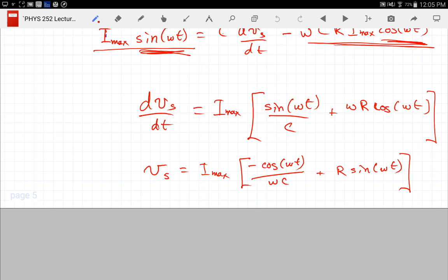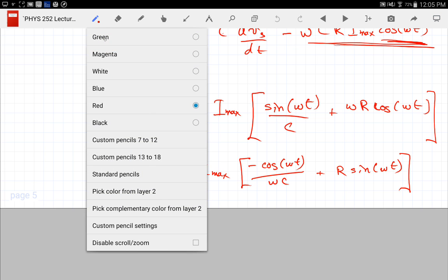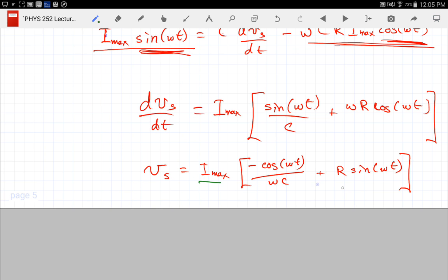that maybe I shouldn't have added an extra page. This and this combine to give me V sub R. So these things here must be the voltage across the capacitor.